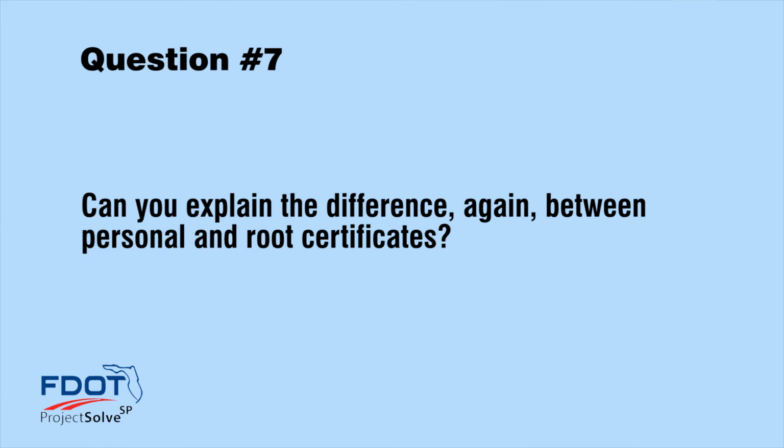The root certificate is actually what was used to sign your personal certificate, is what actually makes your personal certificate a valid certificate. And you'll use that root certificate to validate your personal certificate. I don't know if one of y'all can explain it any better than that.